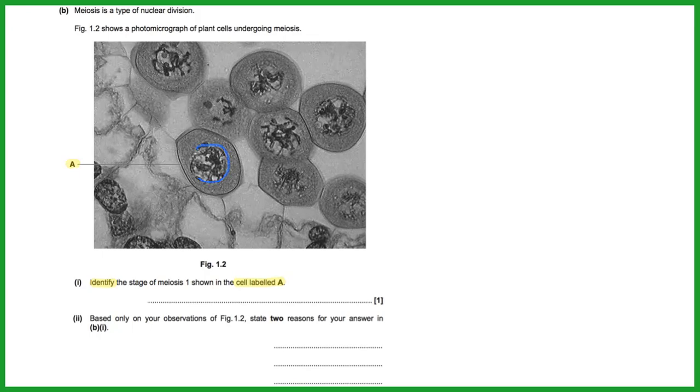So this means that interphase has occurred where the DNA has replicated and the chromosomes have started to condense and appear more visible, yet you've still got the nuclear membrane present, so you can conclude that you're dealing here with prophase.